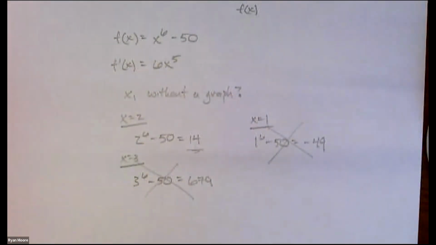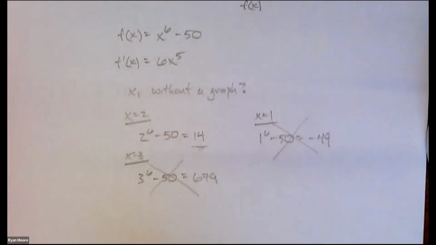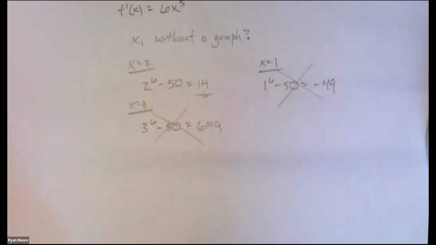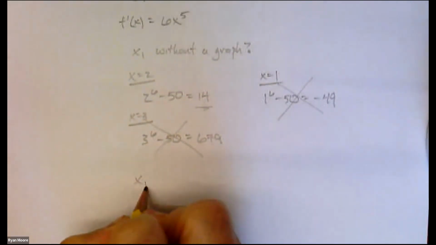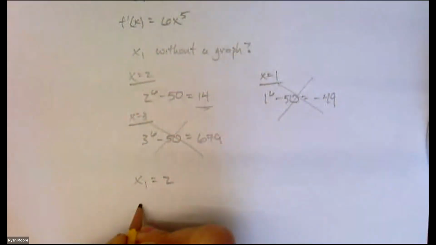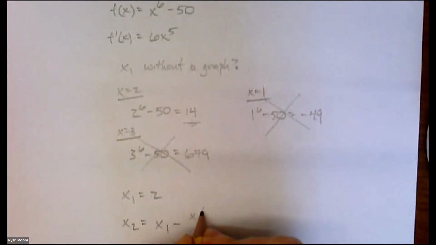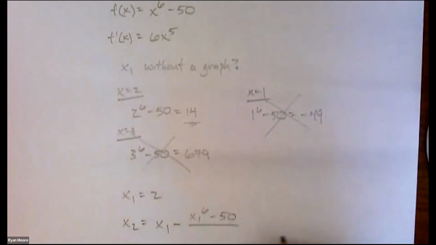I know we don't see the graph, so we can't see where those tangent lines are going, but we'll be able to tell really fast if it's working or not, just based on our answers in our iterative formula. Okay. So we'll take x1 equal to 2. What's x2 then? Well, it's x1 minus x1 to the 6 minus 50 over 6x1 to the 5th. We'll need parentheses.